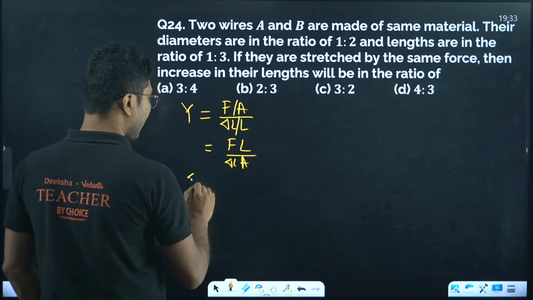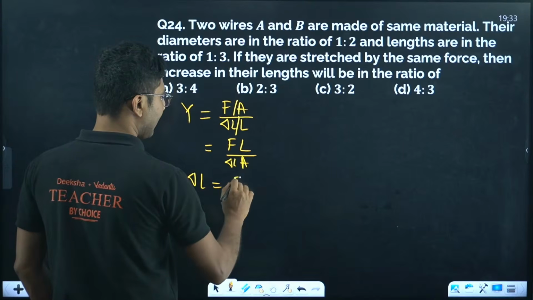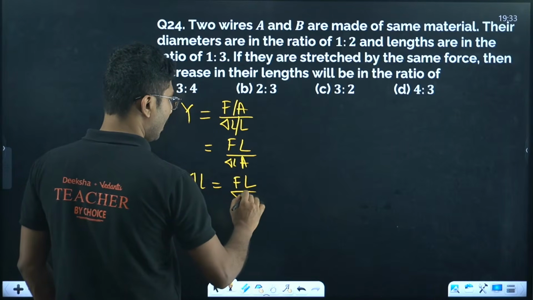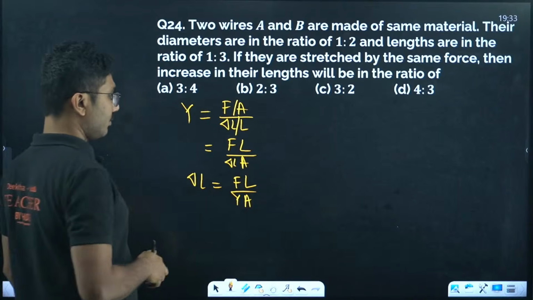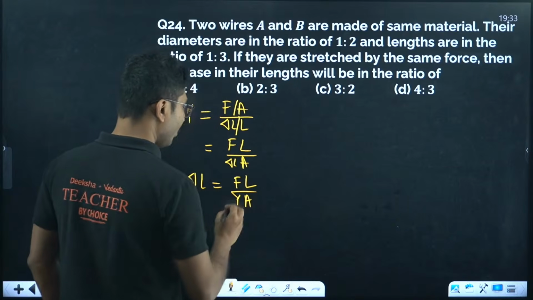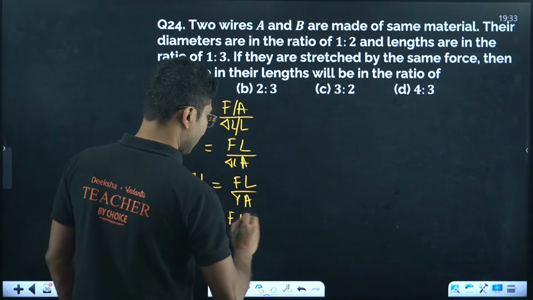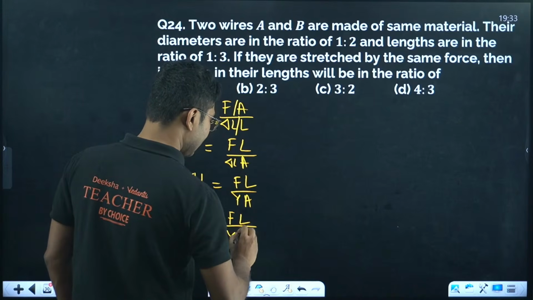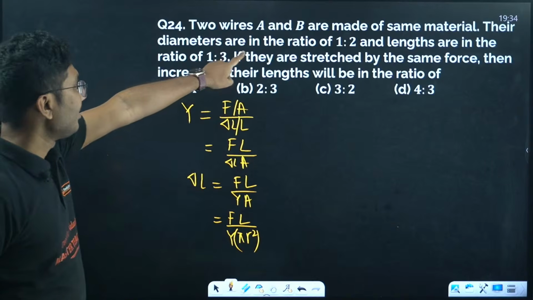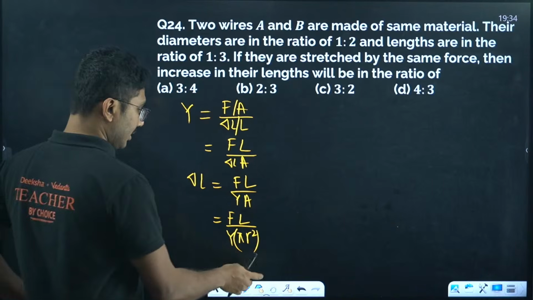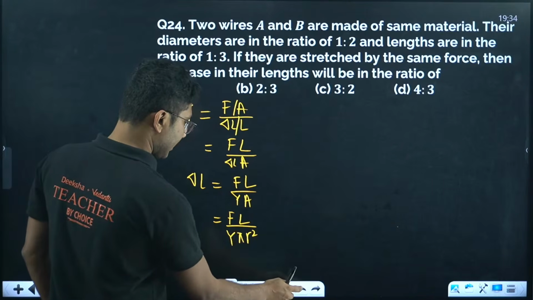So again we will simplify. We are trying to find delta L. Delta L is F L by Y into A. Obviously F and Y are constant. What is area? Area is pi r square. Because in this question the ratio of the diameters is given, just change that.